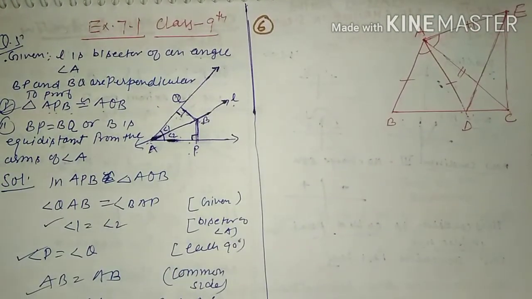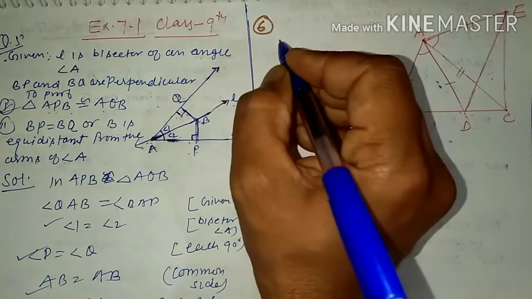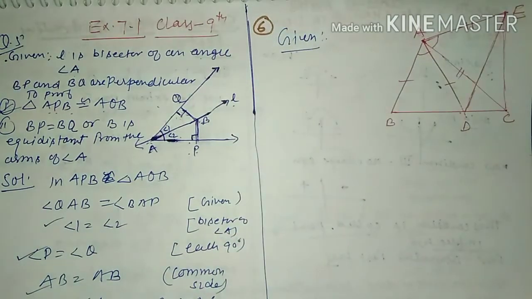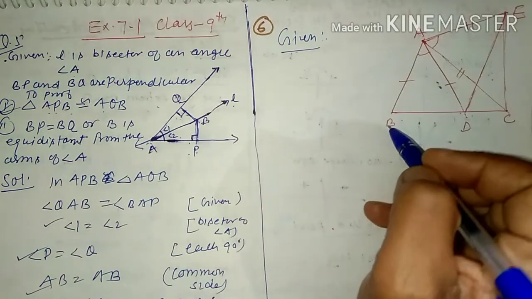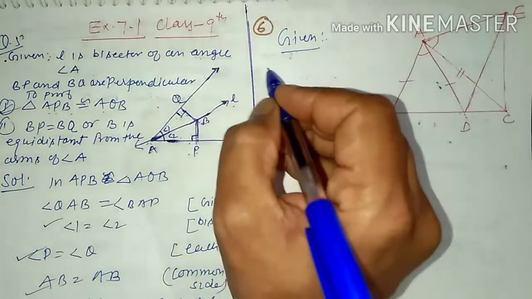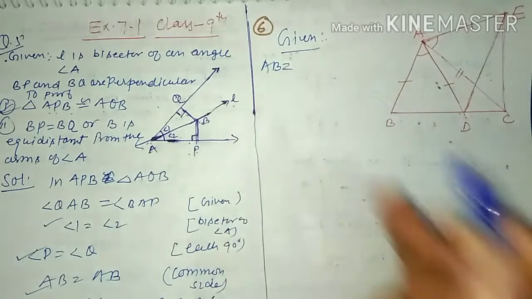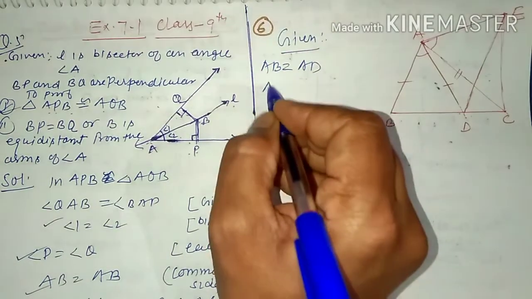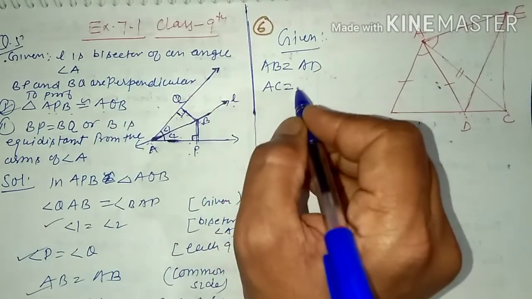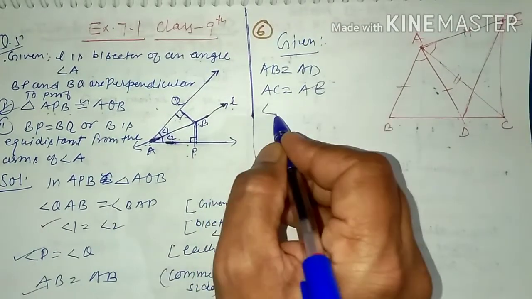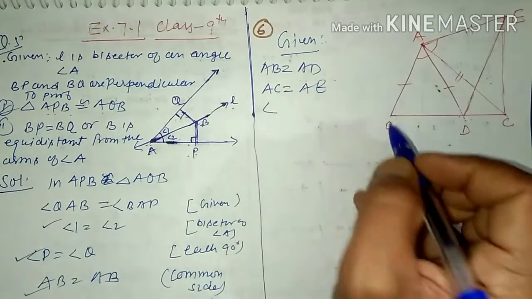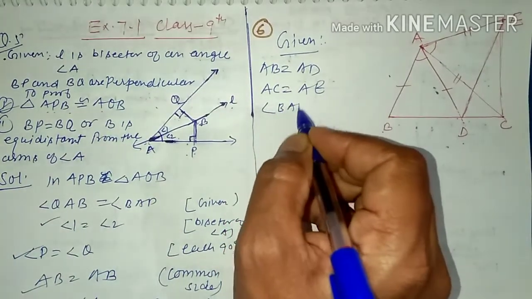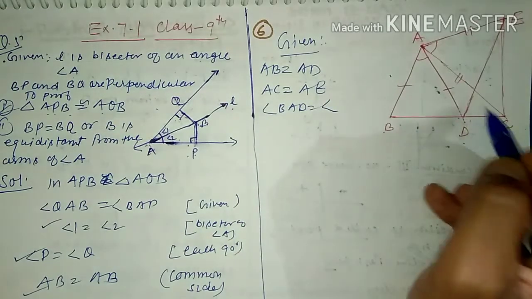In question number 6, first of all we will write given. It is mandatory to write down given and to prove. So in this we have given AB is equal to AD, clear? And AC is equal to AE. Also we have given angle BAD is equal to angle CAE.